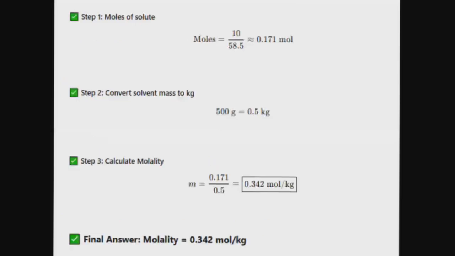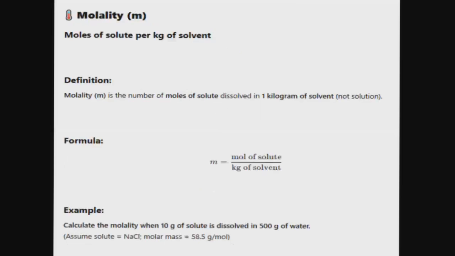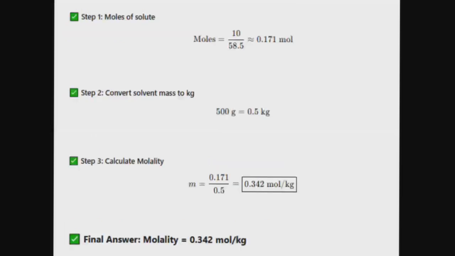First step is to find the moles of solute. The mass given to us here is 10 grams of solute. To find the moles of solute, remember what we normally do: the mass divided by the molar mass. The salt we are working on is sodium chloride, and they gave us 58.5 as the molar mass.